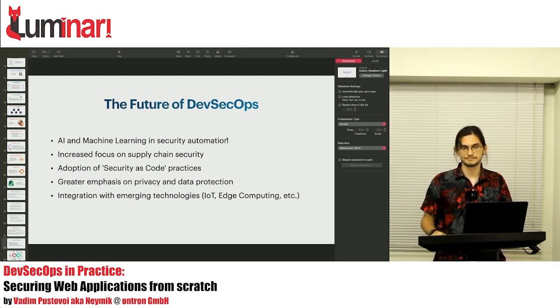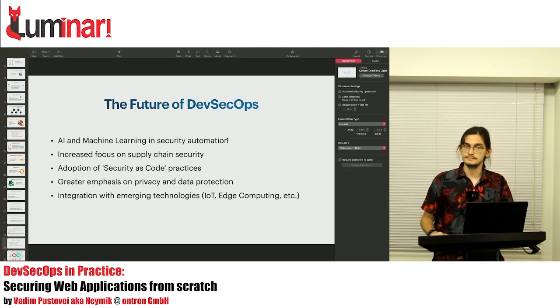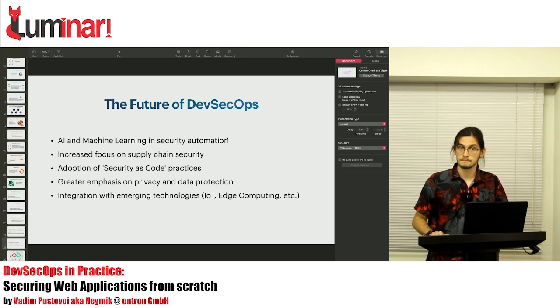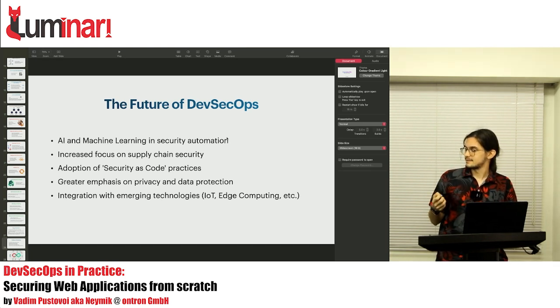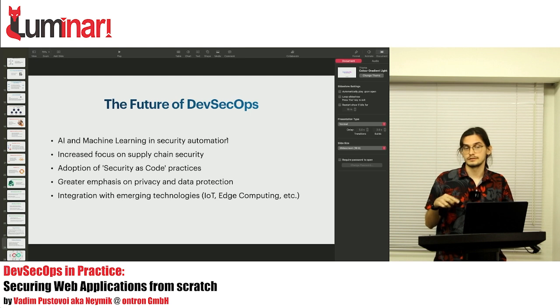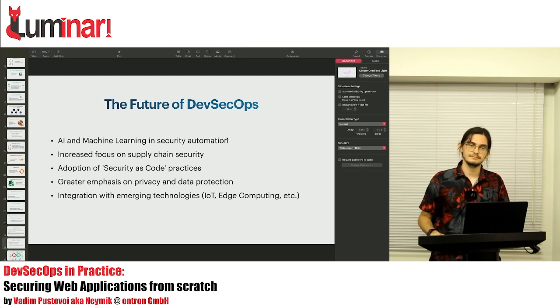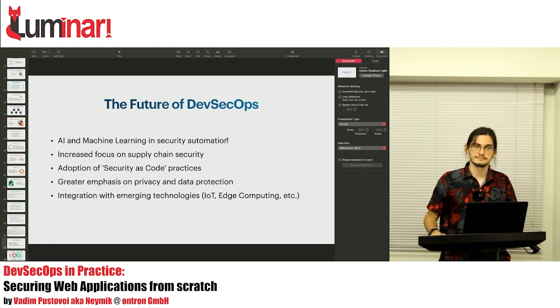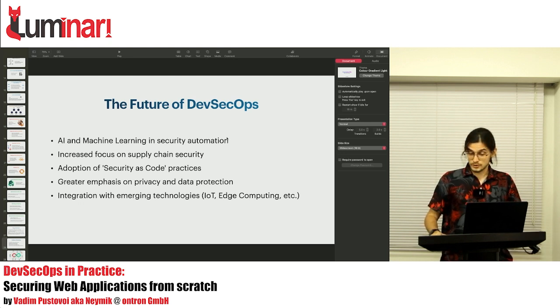One more question is, could you name a couple of KPIs that can be measured for the DevSecOps process? Are you talking about KPIs for a system or about the people? I think it's probably system.